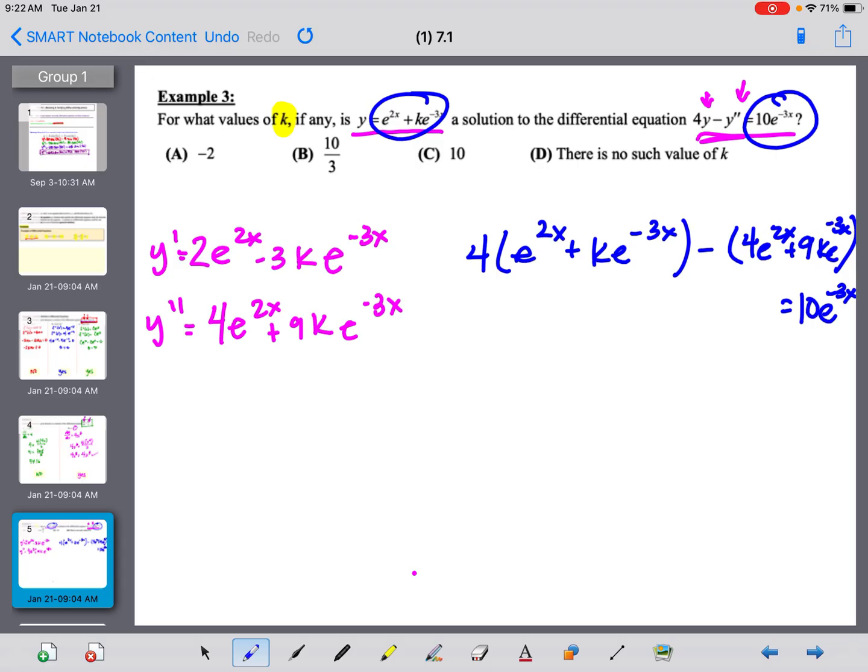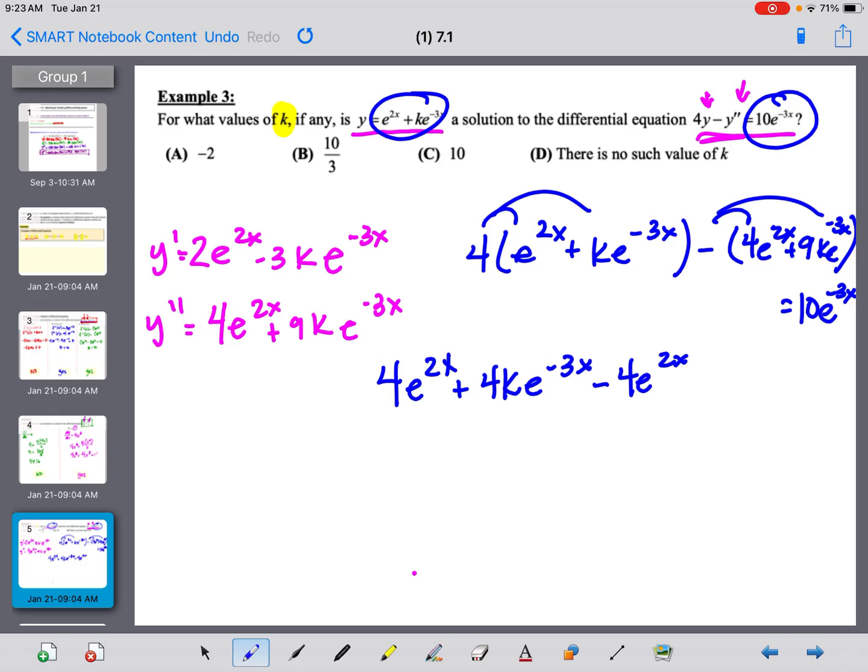All right, so let's start to simplify this. I'm going to start by distributing out the 4. So 4e to the 2x plus 4k e to the negative 3x. Distribute out the negative. Minus 4e to the 2x minus 9k e to the negative 3x equals 10e to the negative 3x.